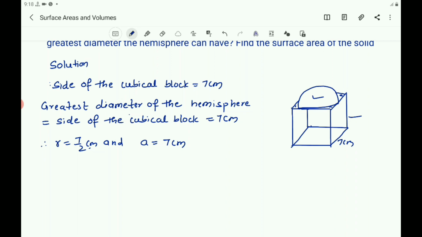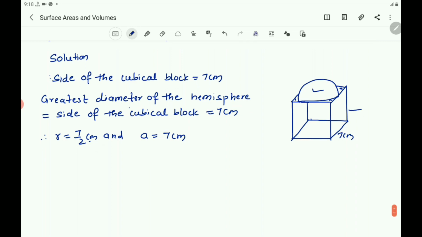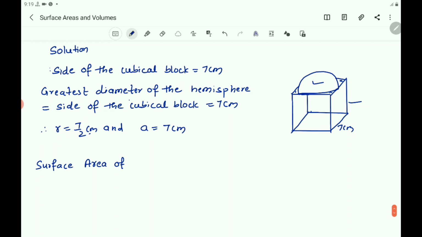So the external surface area of the cubical block becomes 6a square minus pi r square. Therefore you write surface area of the solid equals external surface area of the cubical block.